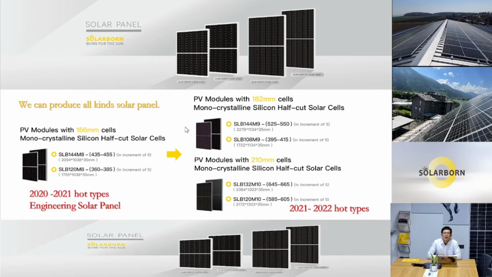Okay, this part is today our main topic about the present market, the present industry hot type solar panels. Like in 2020 to 2021, the hot type was mainly produced with 166 millimeter solar cells.